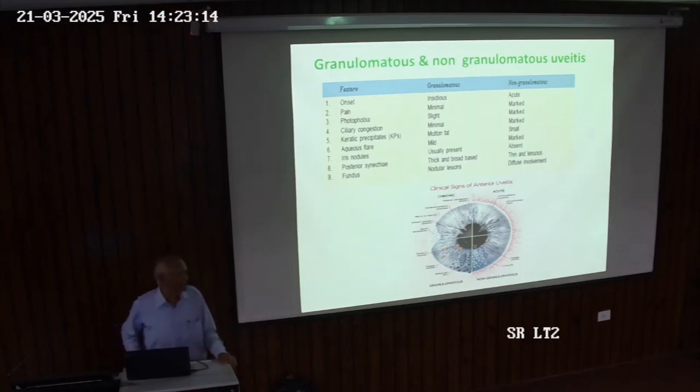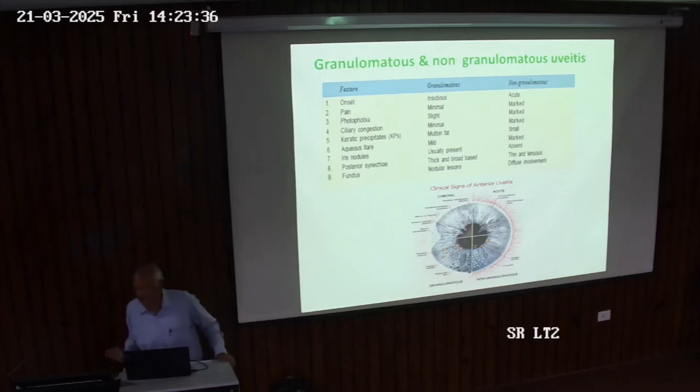Like there is one infection, leptospirosis. This is an infection, it should be in the granulomatous part. But there is a severe reaction. Features are just like non-granulomatous: redness, pain and like that.